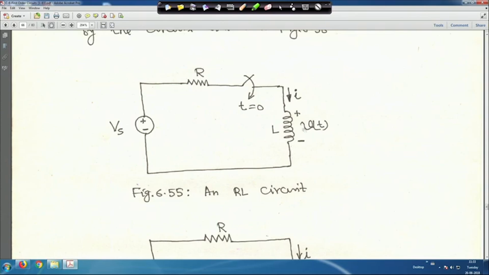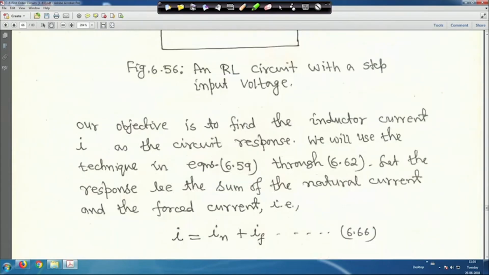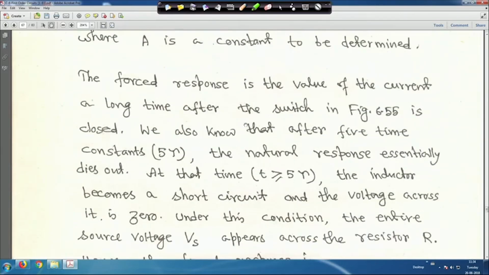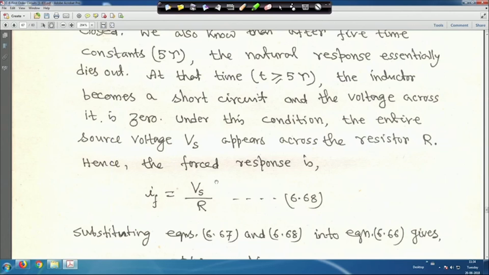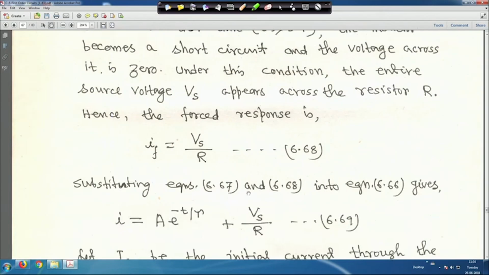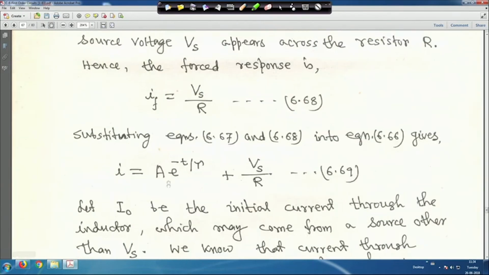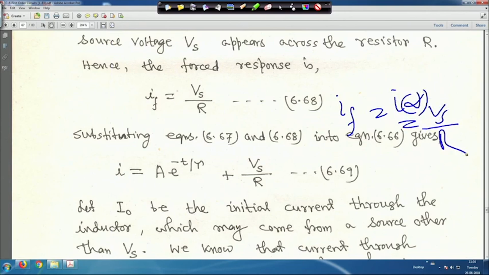So naturally I infinity is equal to Vs upon R. This is If, the forced response, which is nothing but I infinity, that is Vs upon R. So equations 67 and 68 can be written as I is equal to the natural response A into e to the power minus t by tau, plus the forced response Vs upon R, the steady state one.